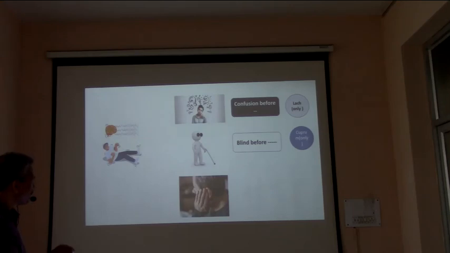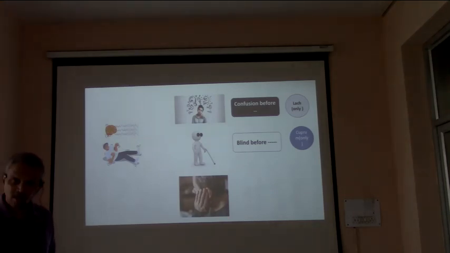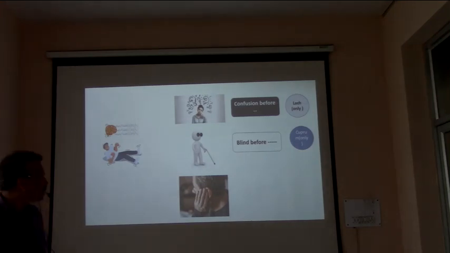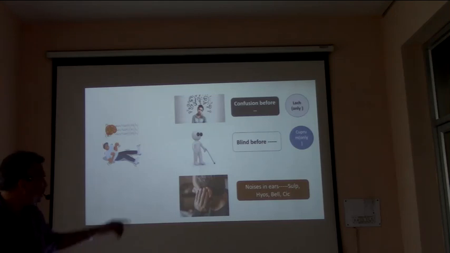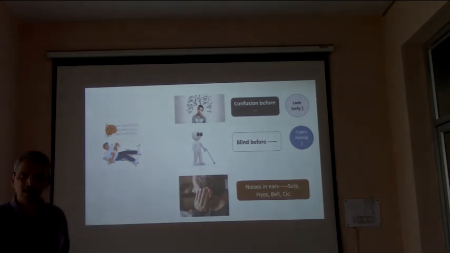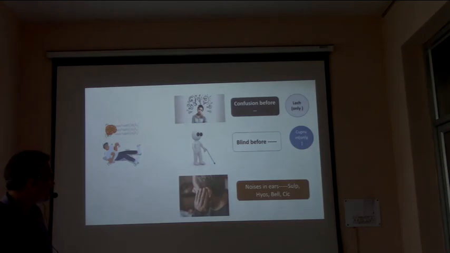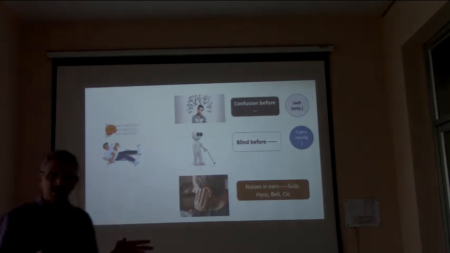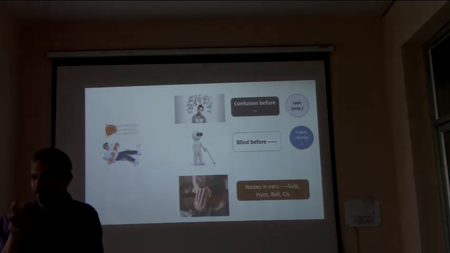And noises in ear. Okay, tinnitus, noises in ear before convulsion. Here you have four remedies mentioned in the repertory: sulphur, hyoscyamus, belladonna, and cicuta. Okay. See, in this class we are not focusing on the character of convulsion.